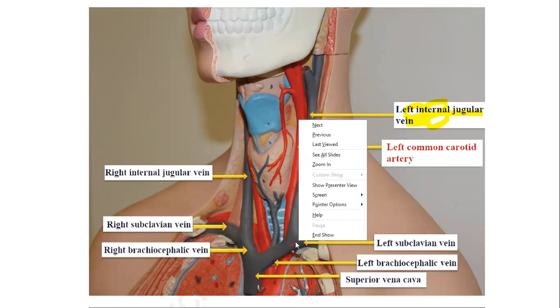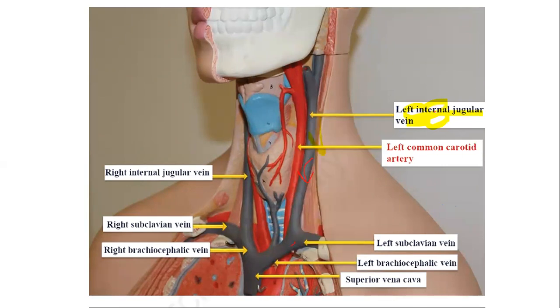So don't confuse them: if it is from the left internal jugular vein, it goes to the left subclavian vein. The subclavian vein takes it to the left brachiocephalic vein, and from the brachiocephalic vein, it goes to the superior vena cava.